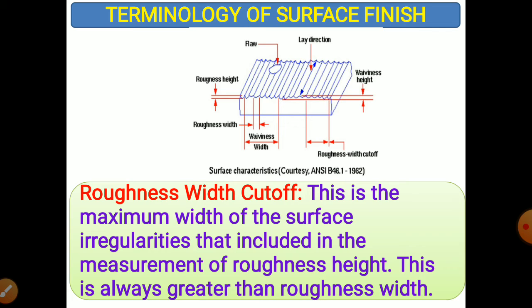You cannot consider the whole surface to analyze surface roughness. If there is one part, only a certain portion will be considered. That is called the roughness width cutoff. This is always greater than the roughness width.